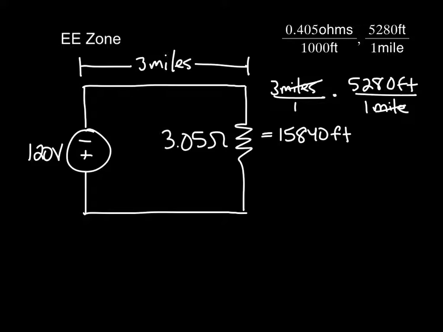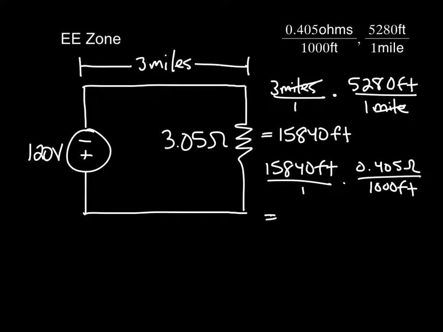We need that feet to be changed into ohms, and so what we need to do is use our conversion ratio up top here. We'll say that 15,840 feet times 0.405 ohms over 1,000 feet.